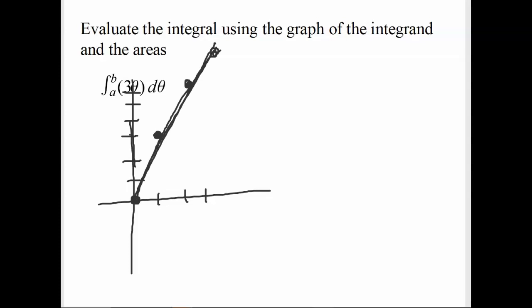A and B are general. You could put them anywhere you wanted on your graph. So I'm going to say that A is at my first tick mark and B is at my second tick mark.